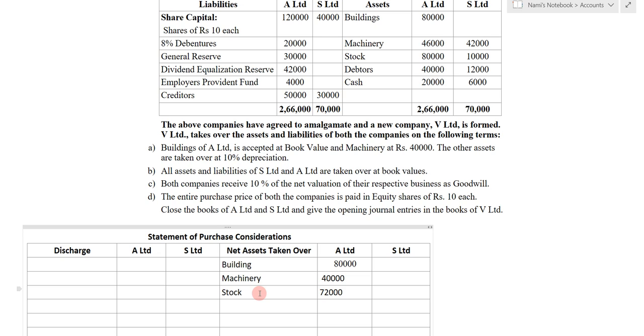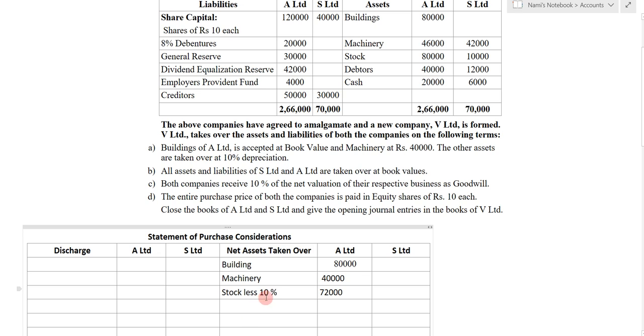So from 80,000 less 8,000, we get 72,000. Now here write 10% depreciation.